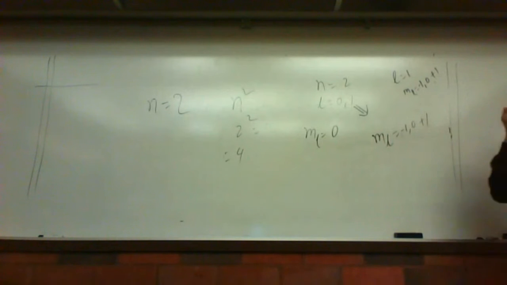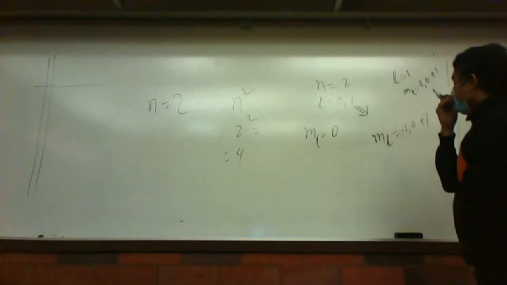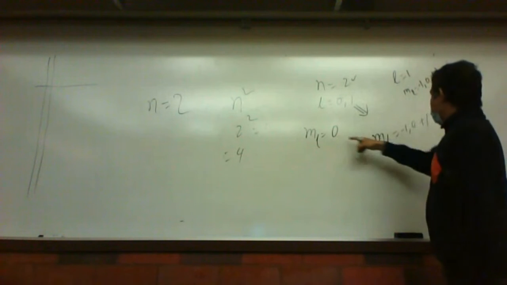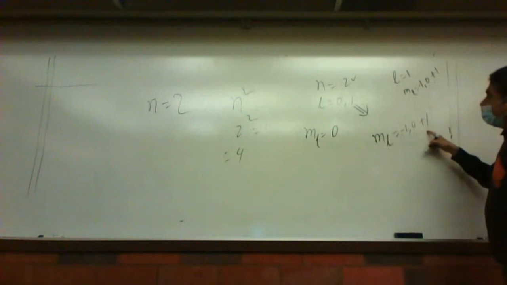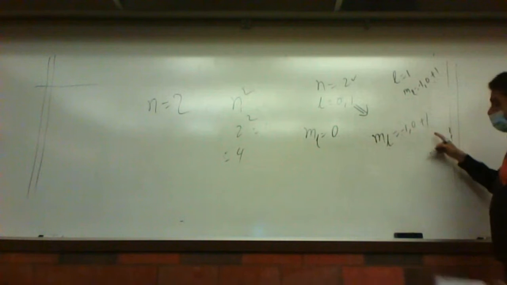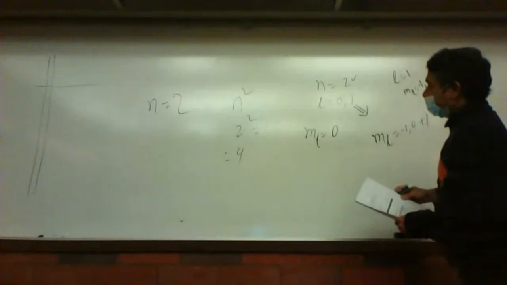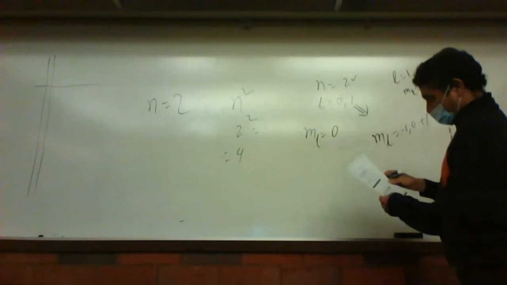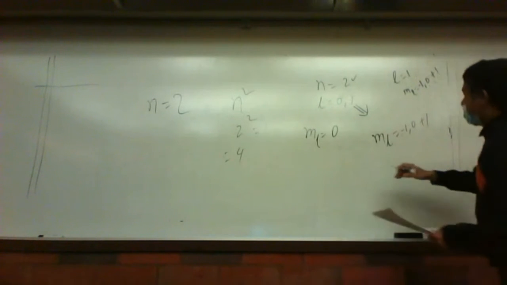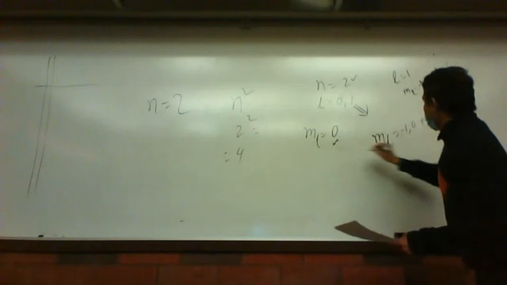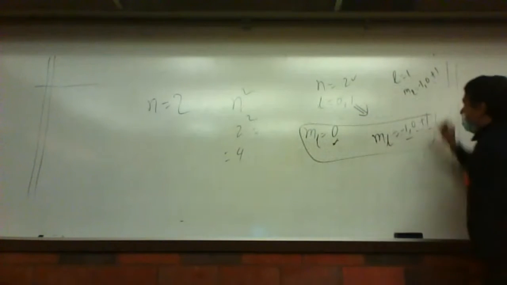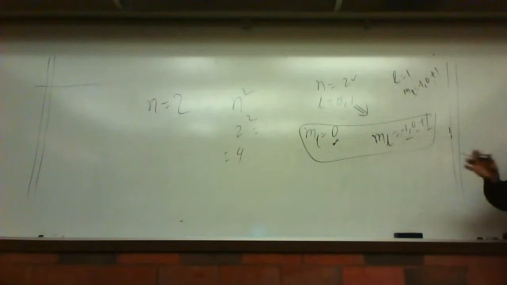Good. So now how many values do we got here? 1, 2, 3, 4. So we have 4 values of quantum number here.